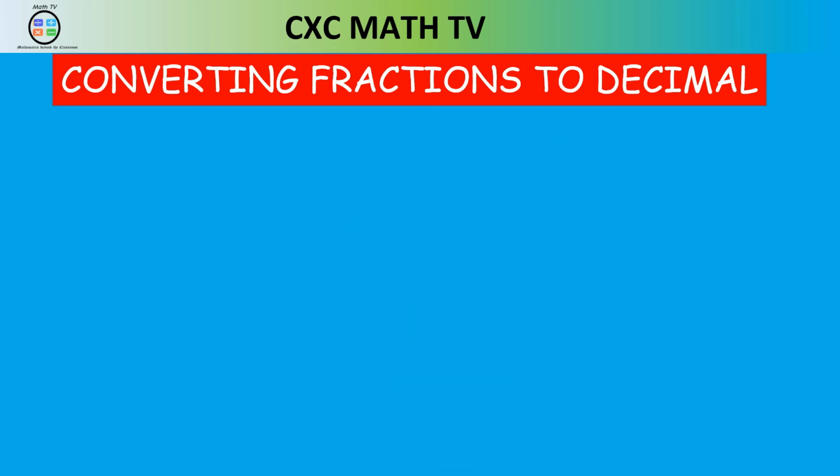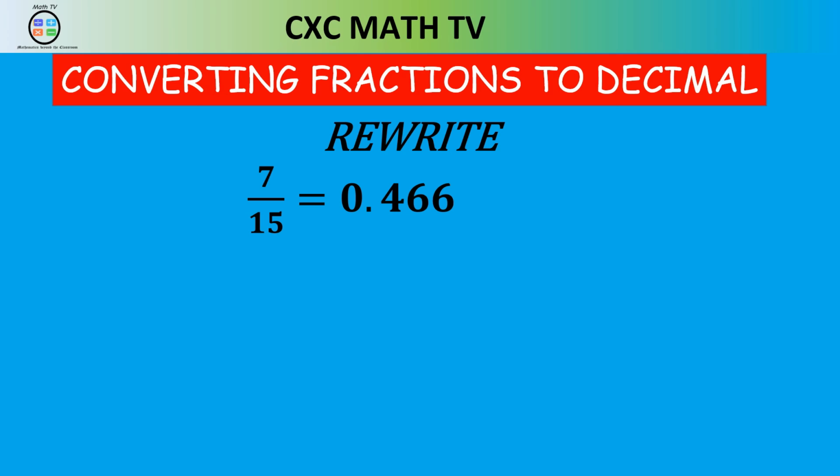And then we subtract, and then we add another 0. And what we realize is that it's going to keep on giving us more 6s. So 7 over 15 can be written as 0.4666666666, or we just write 7 over 15 is 0.46 with the little dot over the 6 to show that it is reoccurring. Absolutely beautiful.